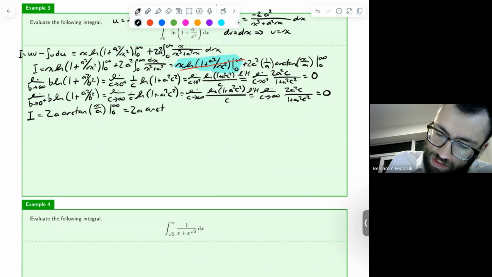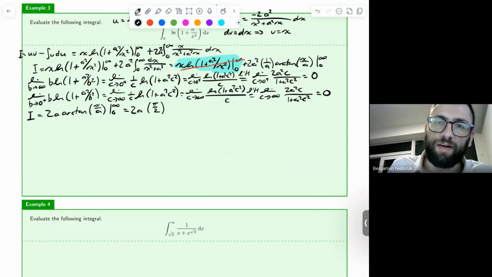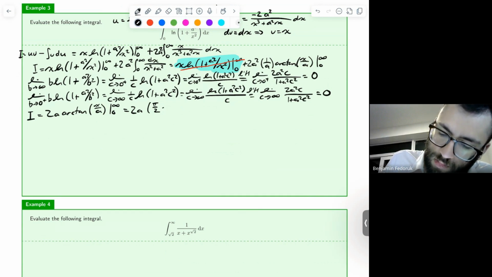And so we'll get arctan of infinity. I'm going to sort of skip out the limit step here, but the limit of, say, x goes to infinity of arctan of x is pi over 2. So if we plug in infinity into arctan, you can think of it like that. It goes to pi over 2. And if you plug in 0, you get 0.